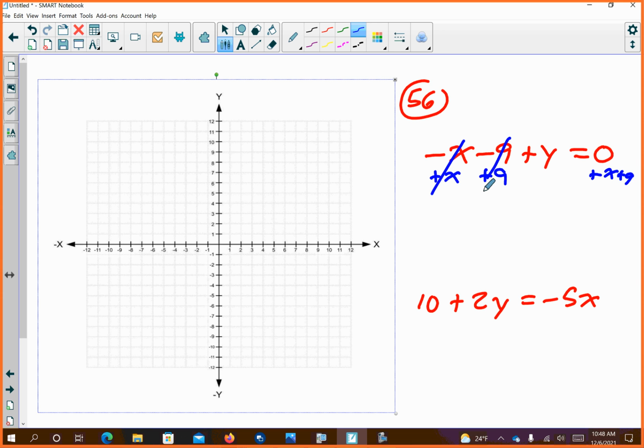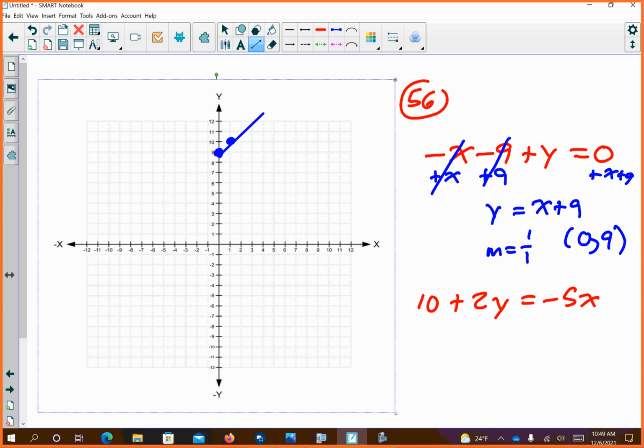So those cancel and those cancel. So that gives me a y-intercept of 0, 9. And then it gives us a slope of 1 over 1. So up 1, right 1.